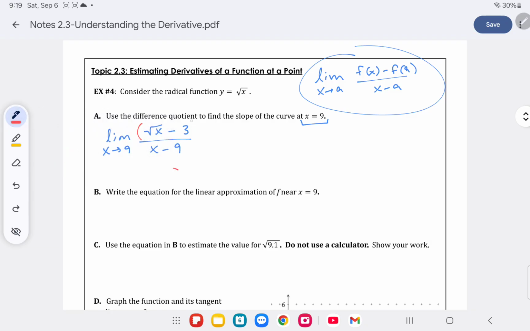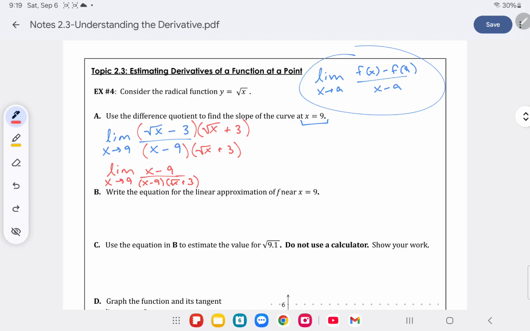So we need to multiply the numerator and denominator by the conjugate. When I do that, I get the limit as x approaches 9 of x minus 9 over x minus 9 times the square root of x plus 3.